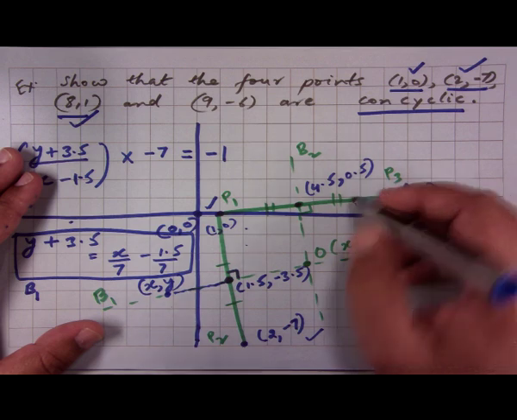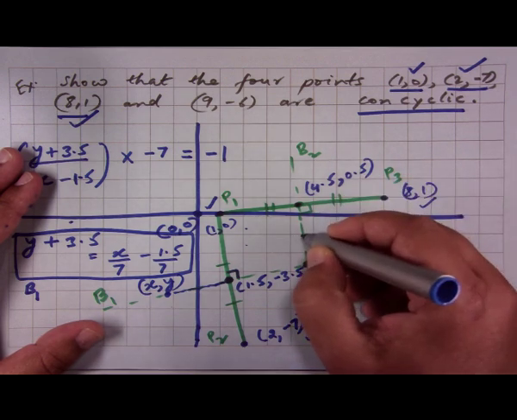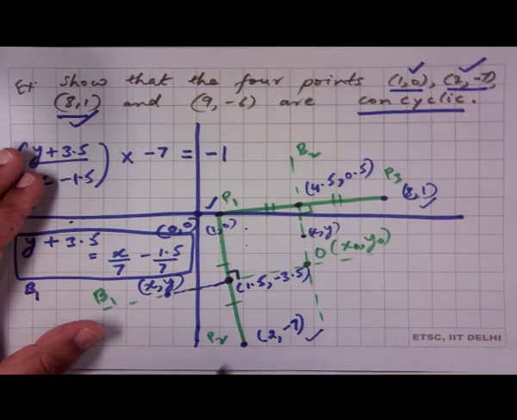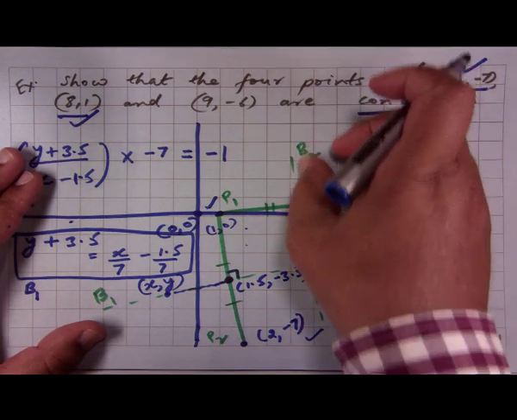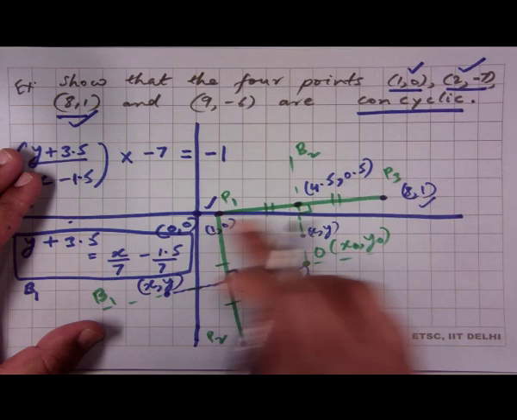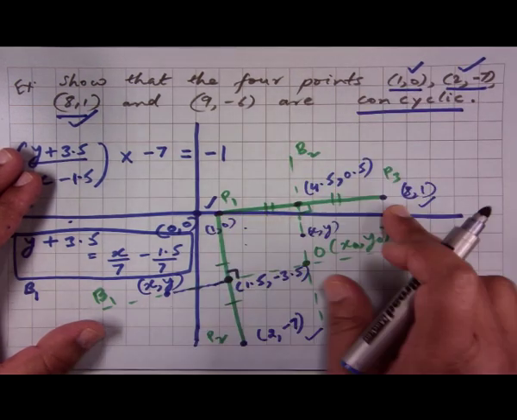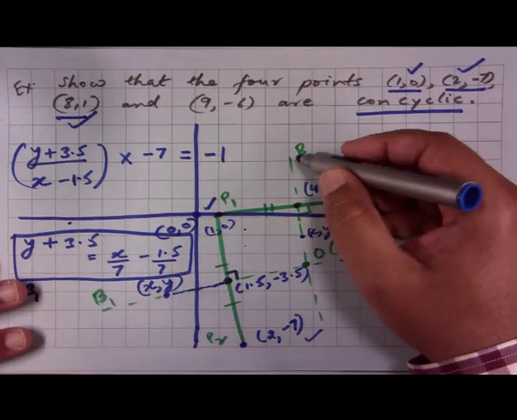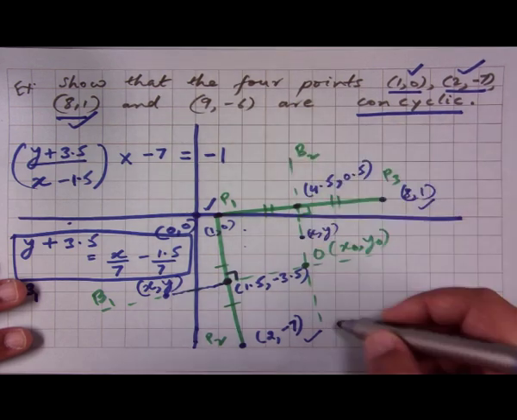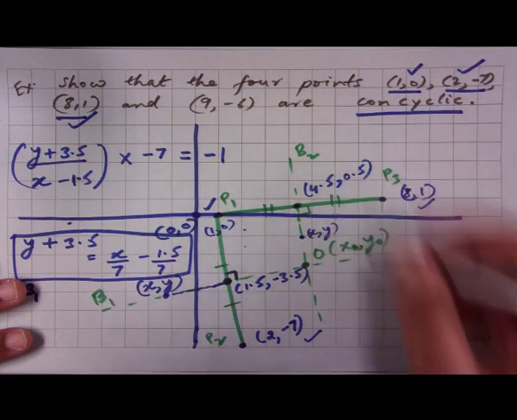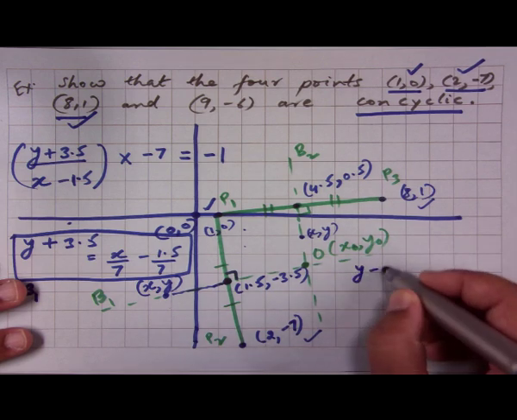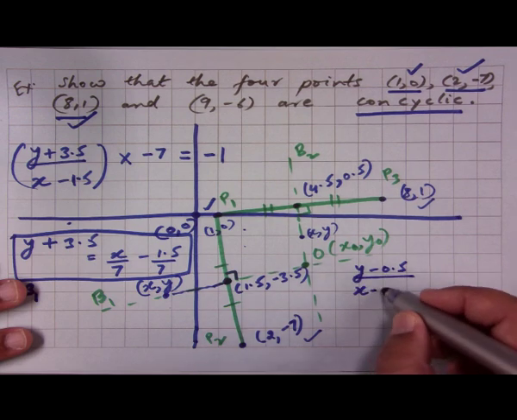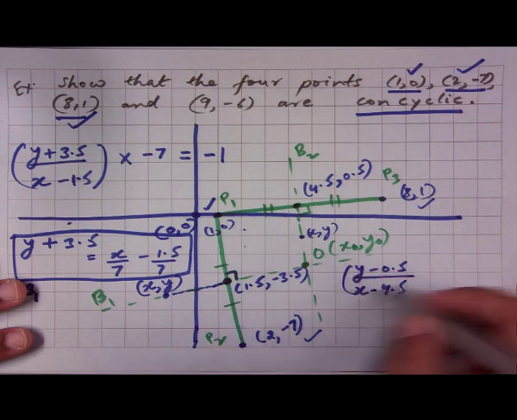Now, if we have any point having coordinates (x, y) on this perpendicular bisector of the chord P1, P3, then the slope of this perpendicular bisector B2 is (y - 0.5) divided by (x - 4.5).